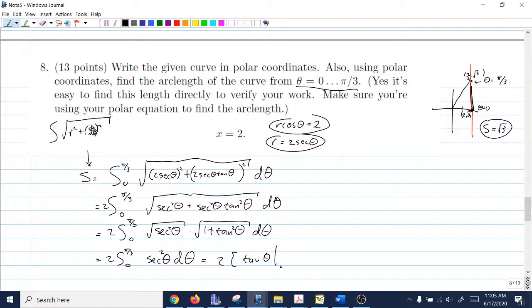I need tangent theta evaluated from 0 to pi over 3. What's tangent pi over 3? Cosine is root 3 over... well, wait, no. Cosine's a half. Sine is root 3 over 2. Sine over cosine is root 3. Minus, plug in 0, you get 0. I'm getting 2 root 3. Should I have gotten 2 root 3 there?